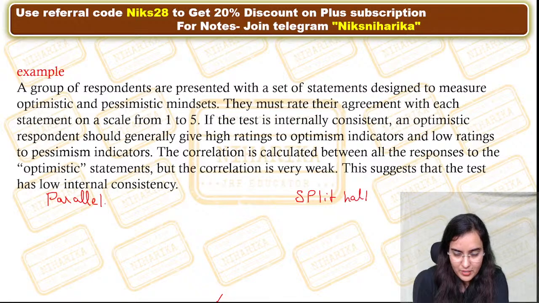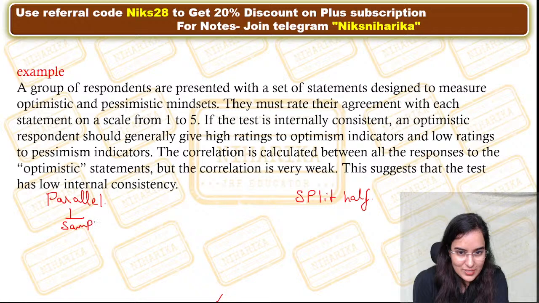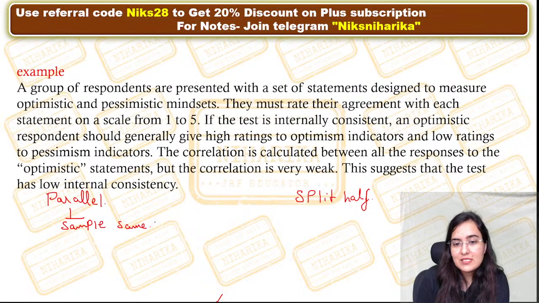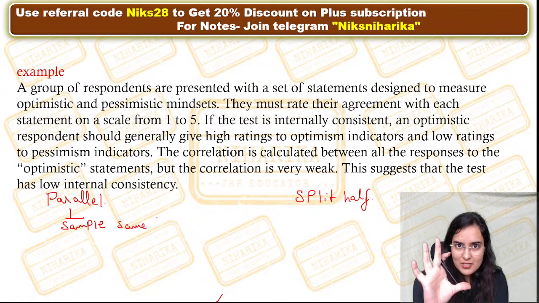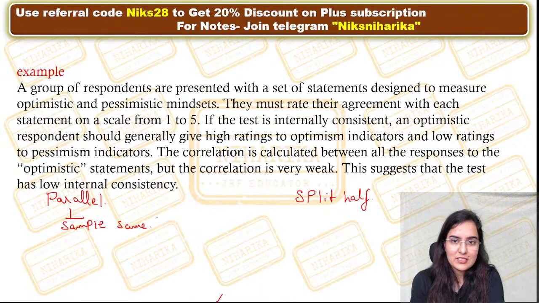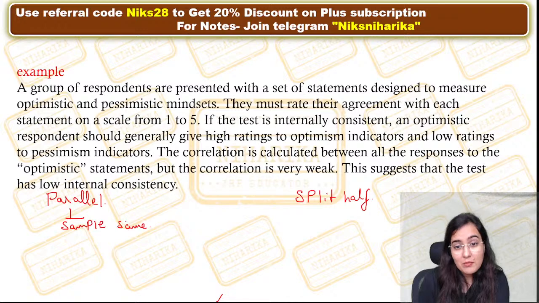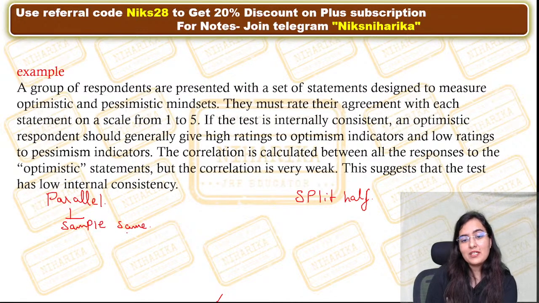Look, in both we divided into 2 groups. But here the sample is the same, and that sample is getting split into two randomly, like how we selected four people for a test and conducted test A, test B, then interchanged them and again test B, test A. Ultimately the sample was same and they were taking the same test.